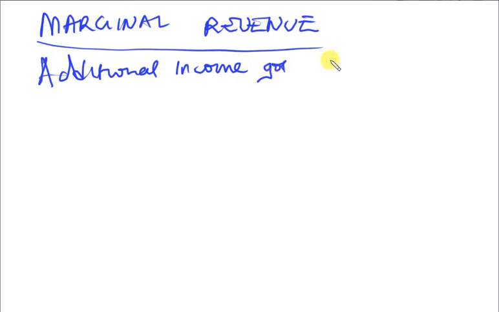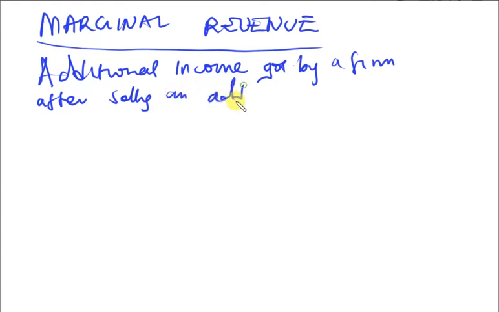So marginal revenue refers to the additional income got or earned by a firm after selling an additional unit of output.